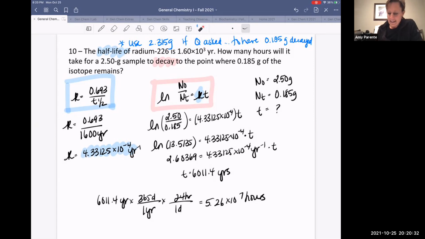So just highlighting, if the question was asked, how many hours will it take for a 2.5 gram sample to have 0.185 that decayed, or 0.185 that reacted, then I'd have to take the difference between 2.5 and 0.185 to get the amount that remains.